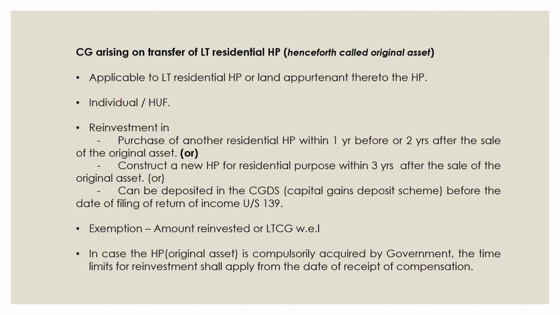The capital gain that arises out of the transfer of the original asset must be reinvested in another residential house property within 1 year before or 2 years after the sale of the original asset, or a new house property can be constructed for residential purpose within 3 years after the sale of the original asset, or it can be deposited into the CGDS, which is Capital Gains Deposit Scheme, before the date of filing of return of income under section 139.